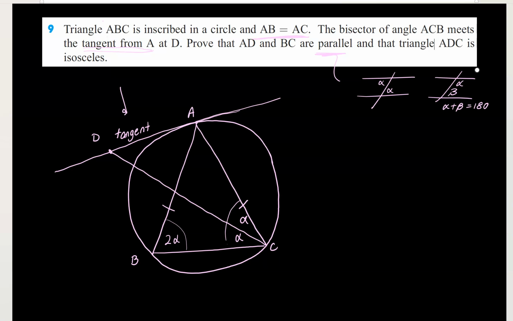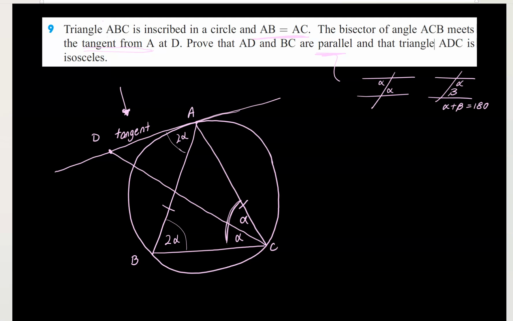How does that help? Well, hopefully again, if you're now using the tangent chord theorem, this angle has to be the same as this one. So that would also be 2 alpha, and hey presto, we've got alternate angles. Done. But you've got to write stuff down. You've got to look at the clues in the question and match up your parallel and circle theorems to see which ones are going to help.